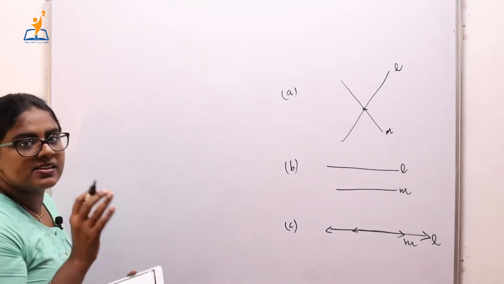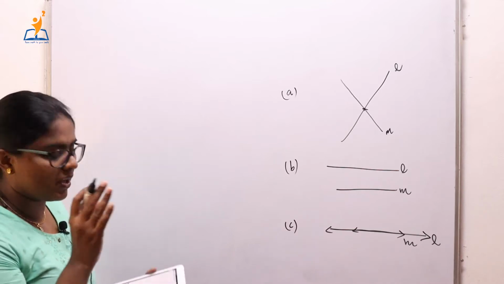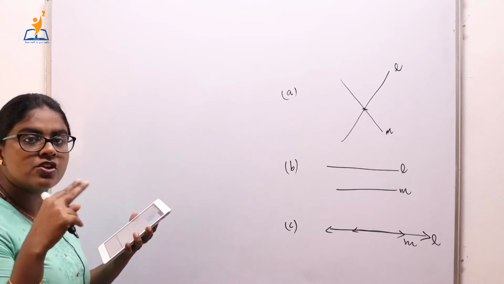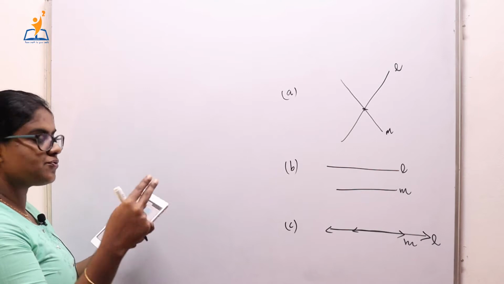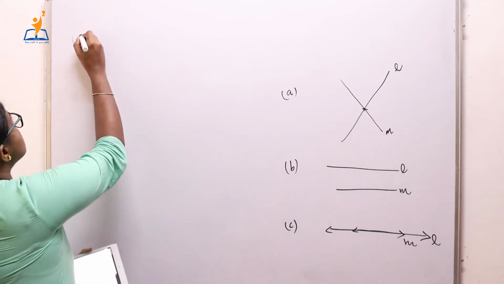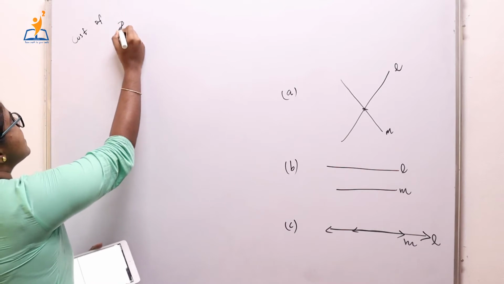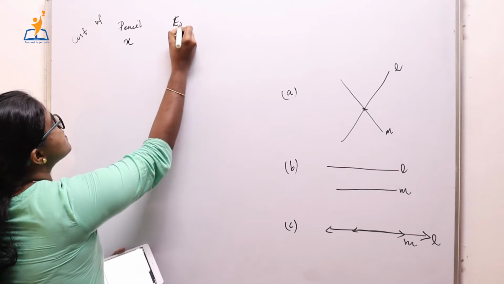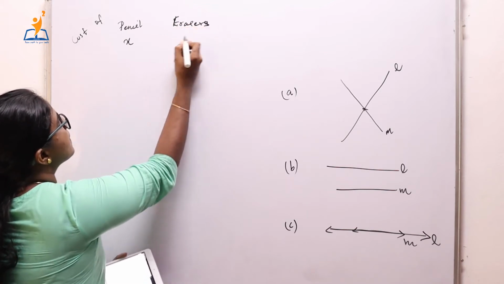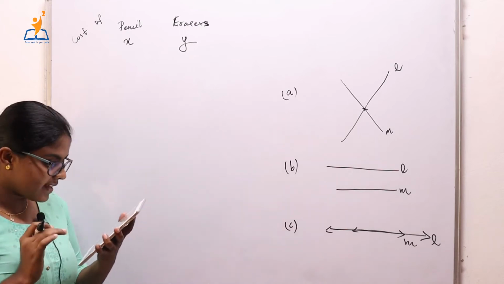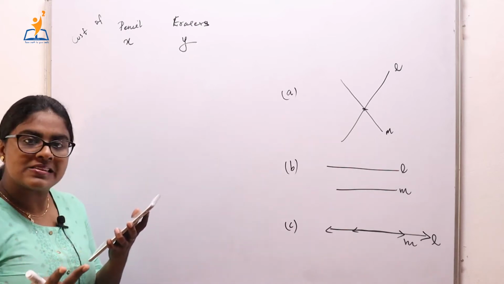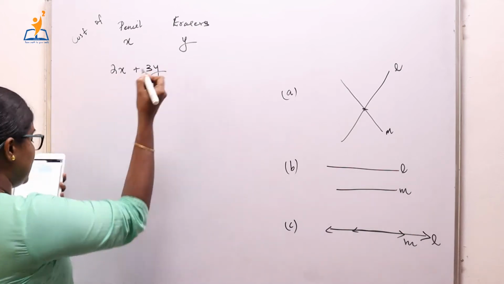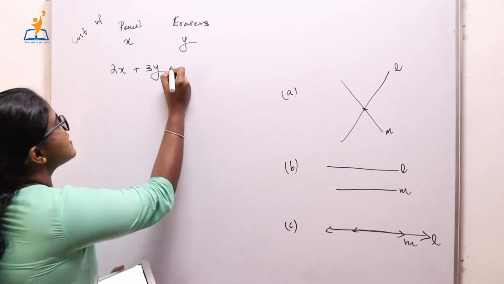Now let's form the algebraic expressions of the two equations. The conditions given are that Romila purchased 2 pencils and 3 erasers for ₹9. So let the cost of a pencil be x and the cost of an eraser be y. Romila purchased 2 pencils and 3 erasers, so 2x and 3y, and the total cost was ₹9.